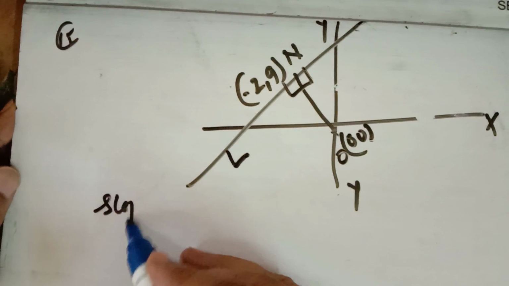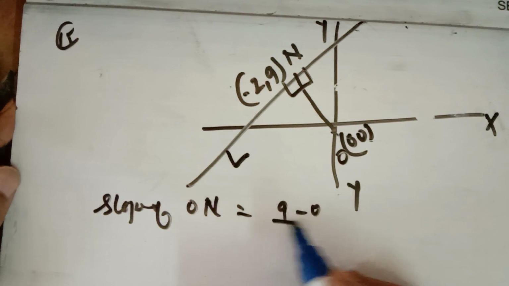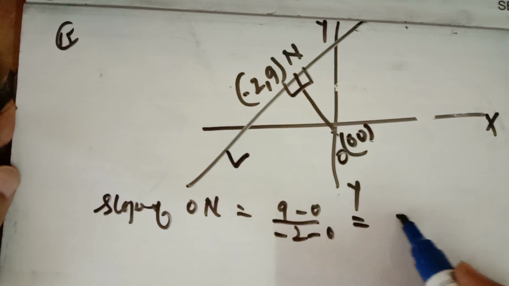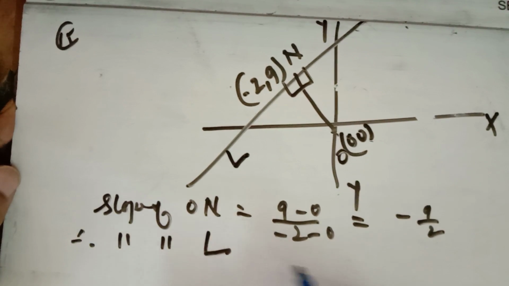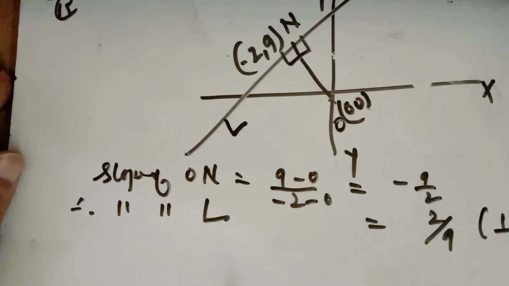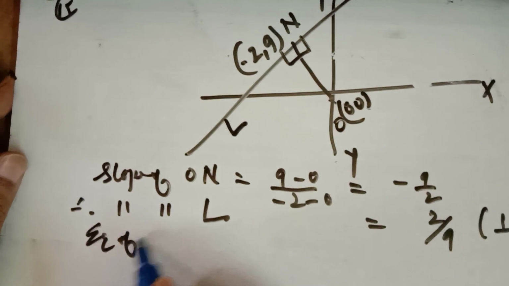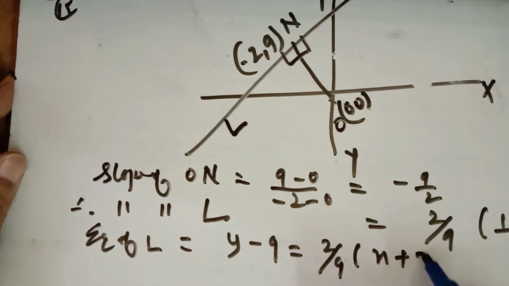So the slope of ON is equal to (y2 minus y1) upon (x2 minus x1), which will be minus 9 by 2. Therefore the slope of the line L will be the negative reciprocal of this because it is perpendicular to it. Now you can easily find the equation of the line L as y minus y1 is equal to m times (x minus x1).